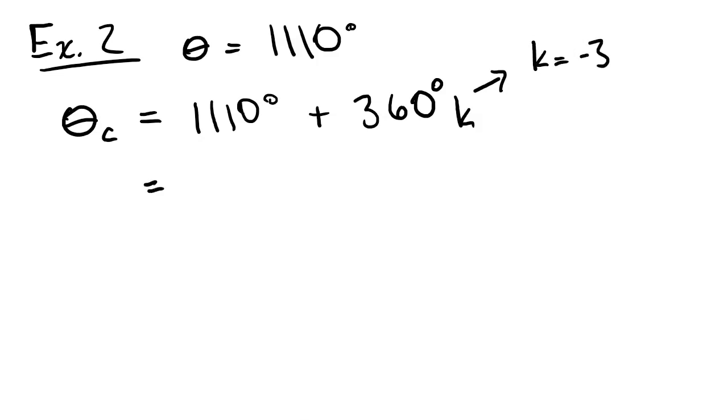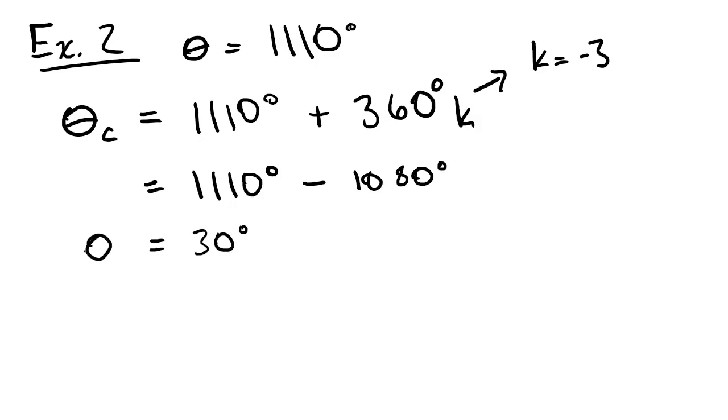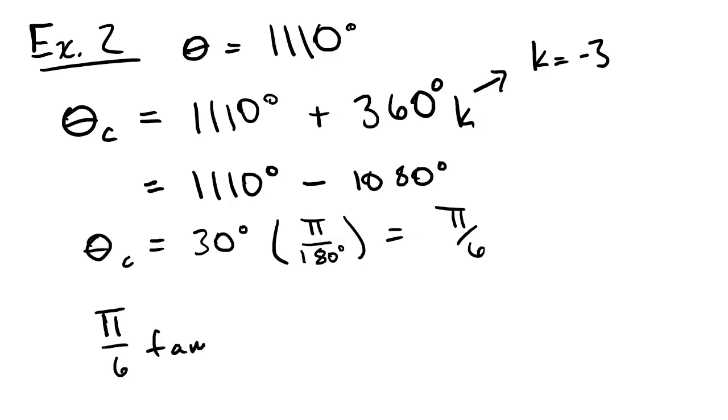So when we multiply 360 by negative 3, we get 1,110 minus 1,080, which equals 30 degrees. So our least non-negative coterminal angle is 30 degrees. And if we multiply that by pi over 180, or if you just remember what 30 degrees is, we see that this is pi over 6. So this belongs to the pi over 6 family as well.